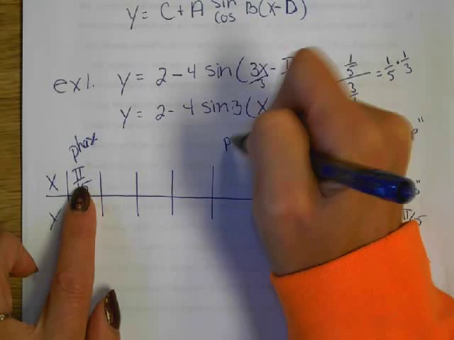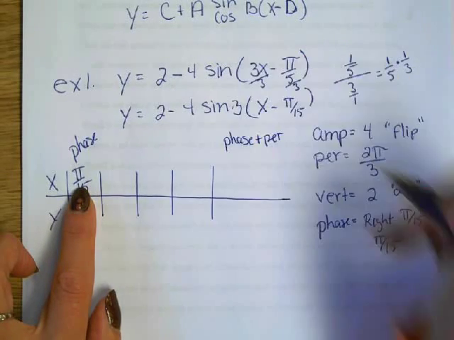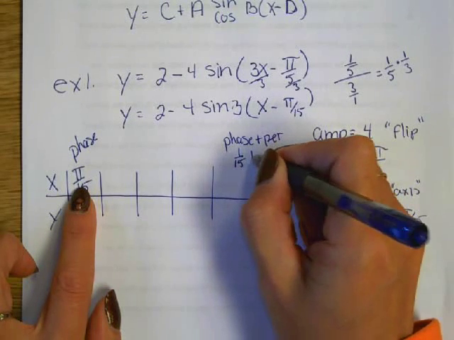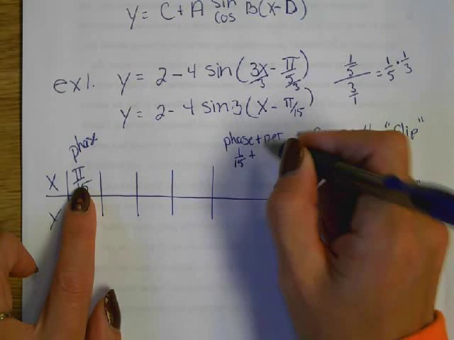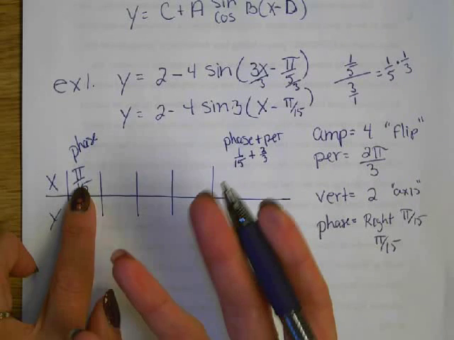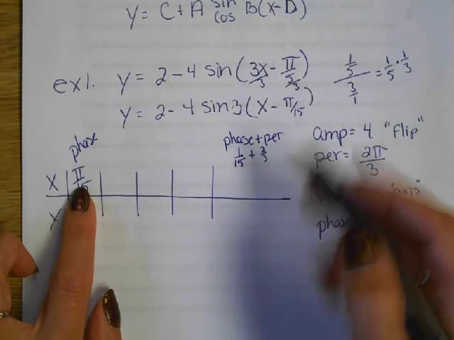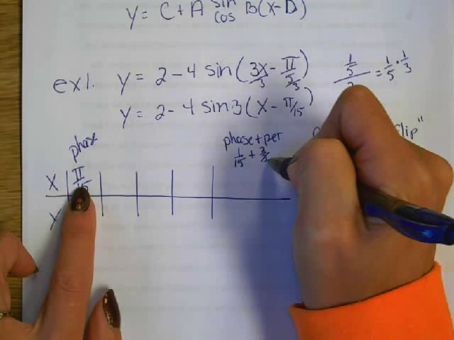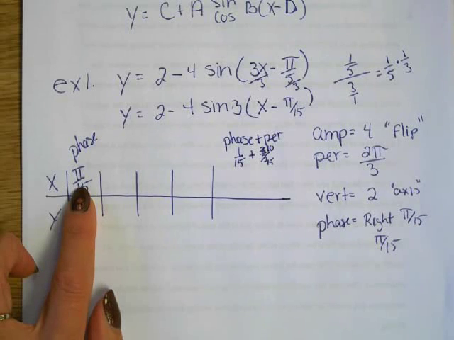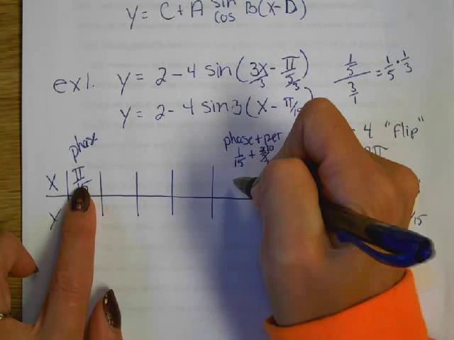So we'll do phase plus period down here. The phase is 1/15. We're going to add 2/3. In order to add fractions, remember, you've got to have a common denominator. So you multiply top and bottom here by 5. That's going to give us a 15 and a 10. So it's going to finish at 11 over 15.